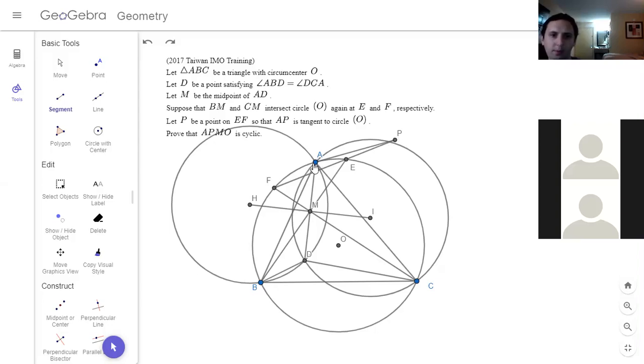So maybe we could show angle PAC is equal to angle PMC. Oh no, I'm sorry, PAC is equal to PMO. So PAC is equal to angle B. PMO, we can maybe break it up into PMI plus IMO.